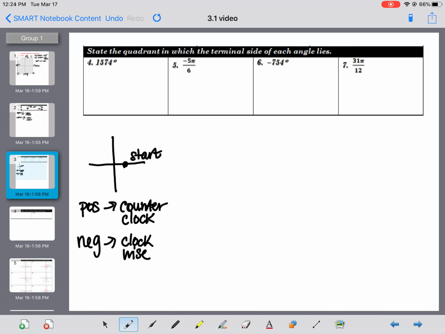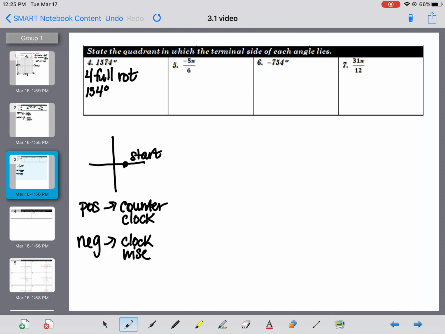So you want to dial backwards by subtracting 360 off of that to determine how many full rotations you have, to try and figure out where your terminal side is going to lie. So if I subtract 360 from this, I can do it 4 times. So there's 4 full rotations in this angle. After I do that, I'm left with 134 degrees.